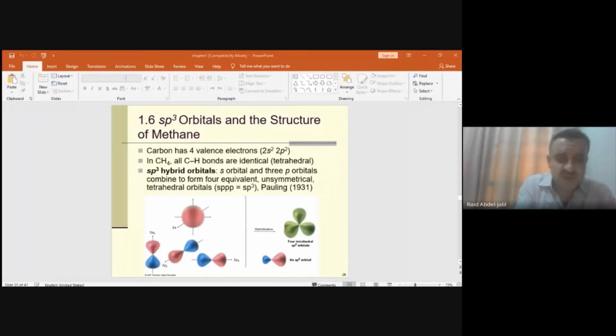So the next step is the mixing of the 4 atomic orbitals and forming 4 equivalent orbitals. It's very important to remember this: equivalent. And forming 4 equivalent molecular orbitals, which we call sp3.